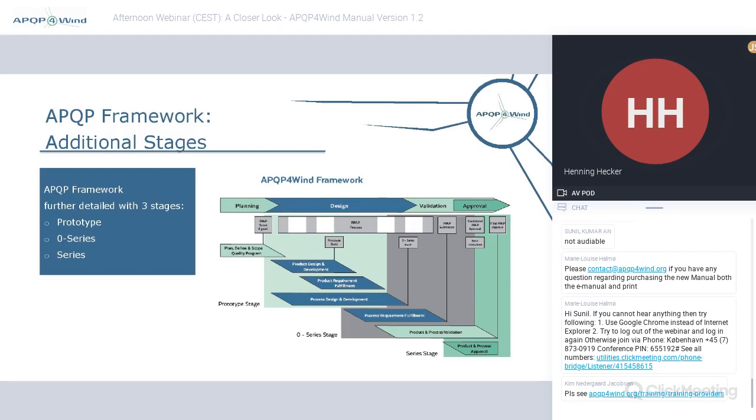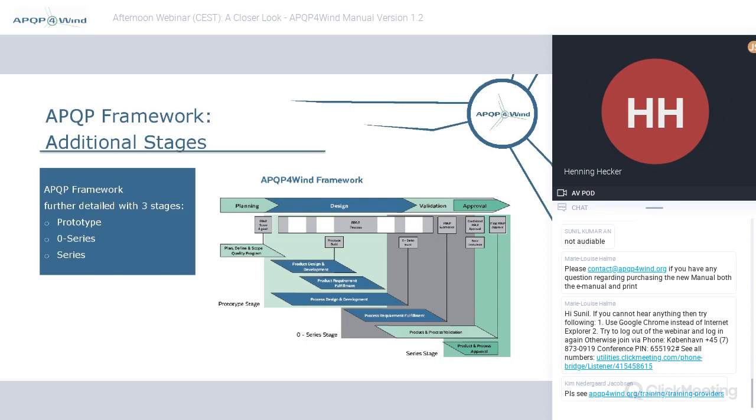One of the important things is that we had several requests, like, can you define different areas, for example prototype, O-series, and series phases? So we called them the prototype stage, the O-series stage, and the series stage. We added this to the APQP4Wind framework because it is necessary for some organizations to have a due date.